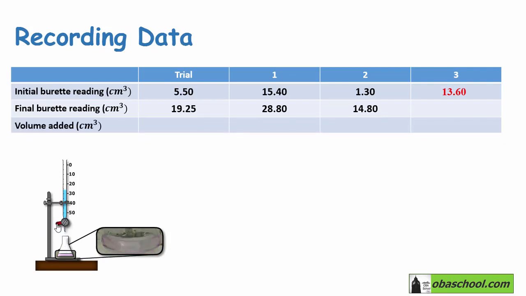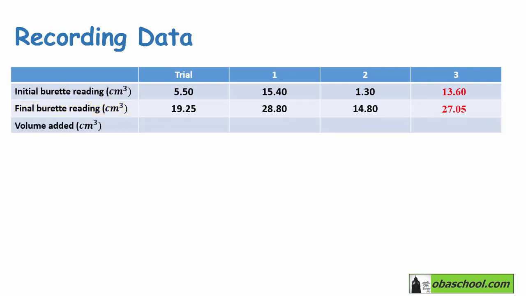When the pink color starts to disappear, we will start adding the acid drop by drop, as shown in this animation, until the solution becomes colorless. Then this is the endpoint. We will stop the tap and we will take the final reading on the burette, which is in this case 27.05 cm³.